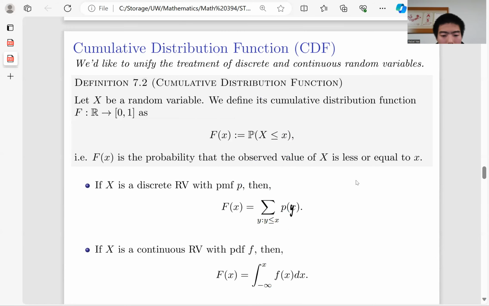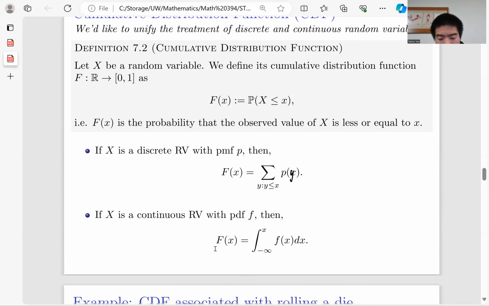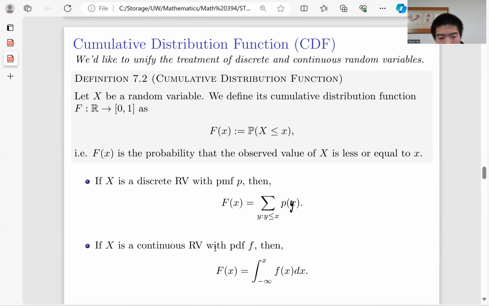And in the continuous random variable case, we just calculate the integral. We perform an integral of f(x) from negative infinity to x, and that covers all of the possibility.